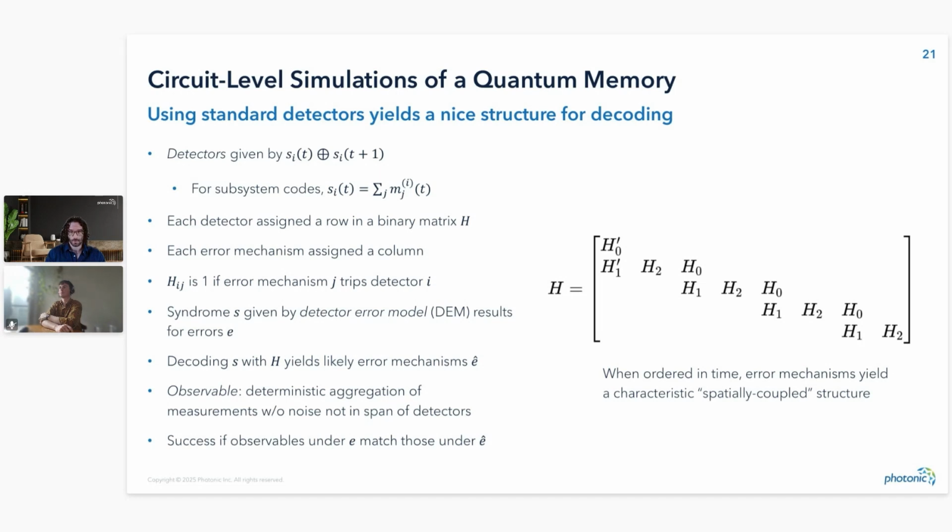Now, by virtue of us having defined detectors in this kind of standard way, and by ordering the list of detectors and the error mechanisms roughly by time, you actually get a very nice structure to this matrix. And that structure is something called a spatially coupled structure.